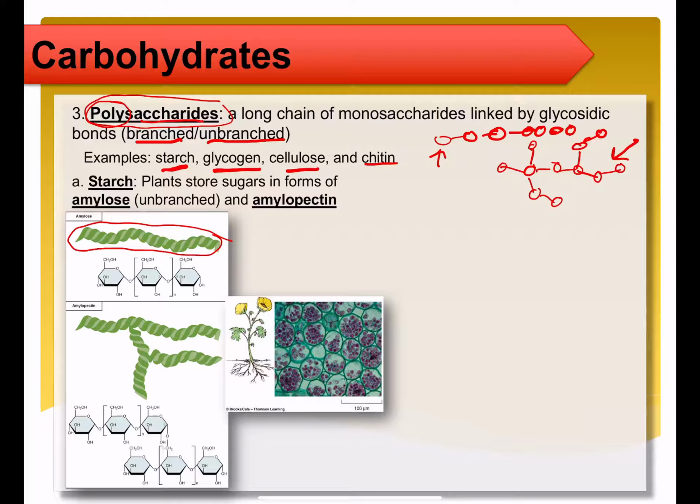Those that are branched, remember I talked about how a branch can be like this. This is what we see as a branched version of starch molecules from plants, and we call those amylopectin. So amylose for unbranched, amylopectin for branched versions of the polysaccharide starch that is specifically made in plants.